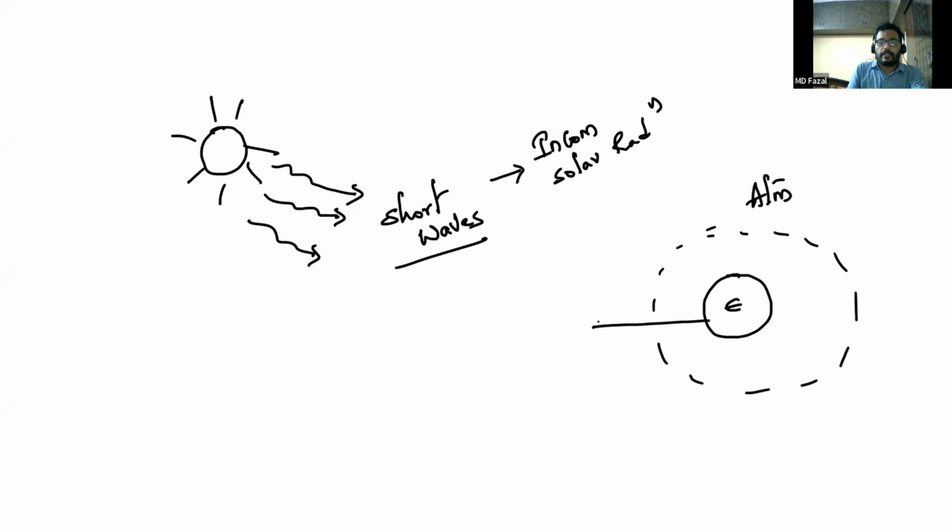What gets emitted from the earth back to space are long wave terrestrial radiations. What gets reflected back from the earth are long wave terrestrial radiations.